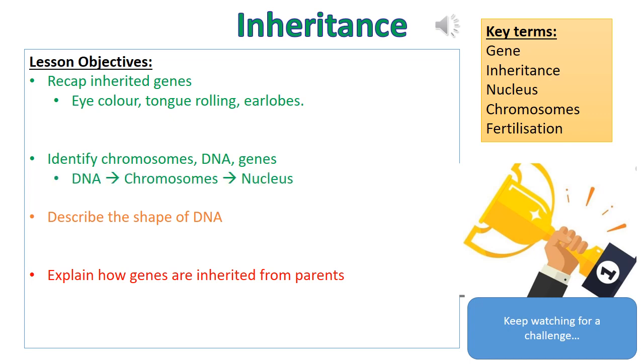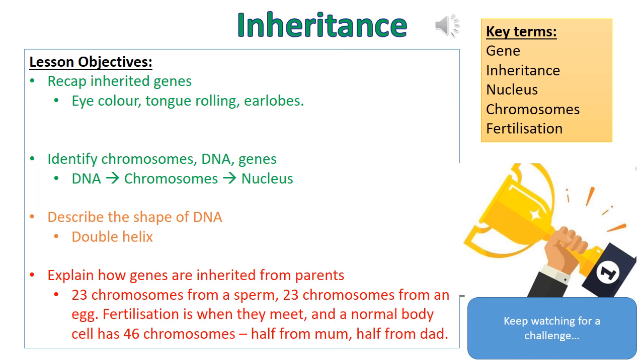Remember, DNA is that chemical that is tightly wrapped into chromosomes, which are found in the nucleus of cells. We then had to describe the shape of DNA, and it is a double helix. It looks like a twisted ladder, but the shape of it is called a double helix. And then finally, we had to explain how genes are inherited from our parents.